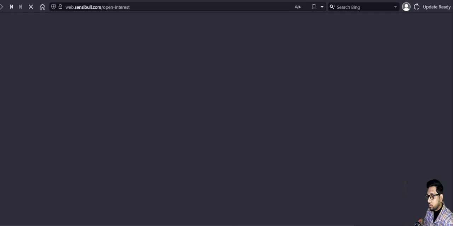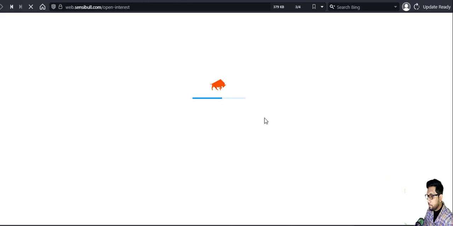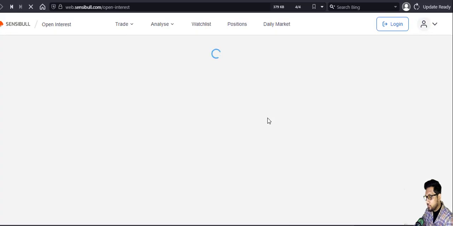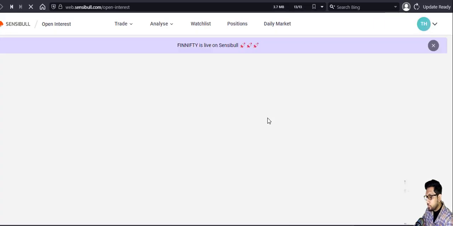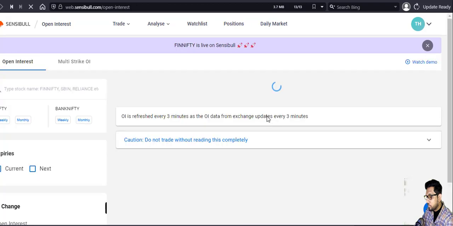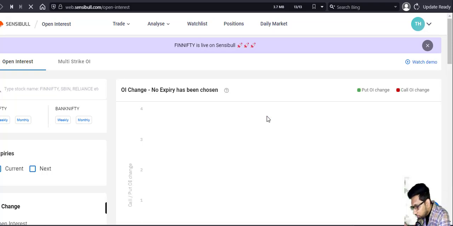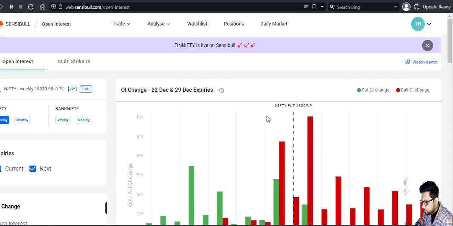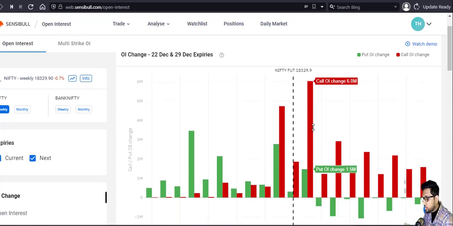And if you see the open interest for the Nifty trade, 6 million open interest.